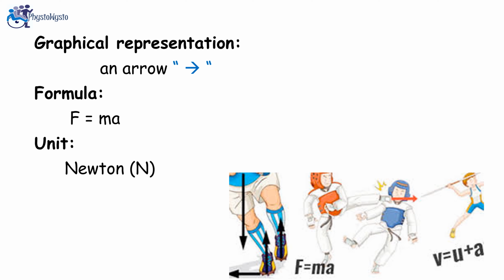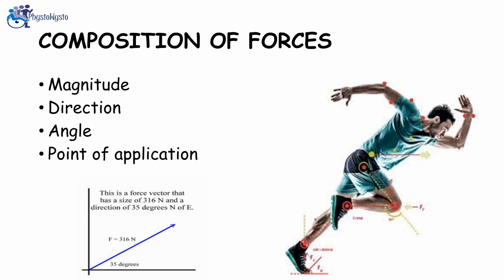As we know, force is a vector quantity, so it is represented by an arrow. It is the product of mass and acceleration and has the unit Newton. There are four components of a force. Number one is magnitude, which is proportional to the length of the arrow.